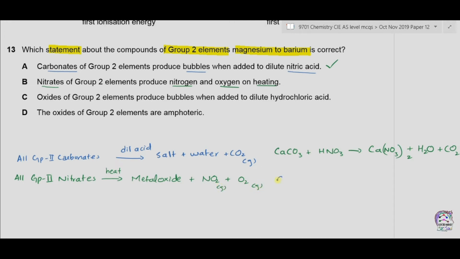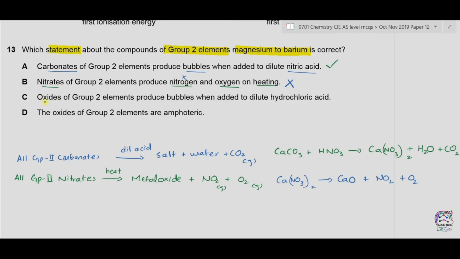For example, calcium nitrate upon heating will produce calcium oxide, NO2 and oxygen gas. In the question they have given nitrogen, so that is incorrect. So option B is wrong.